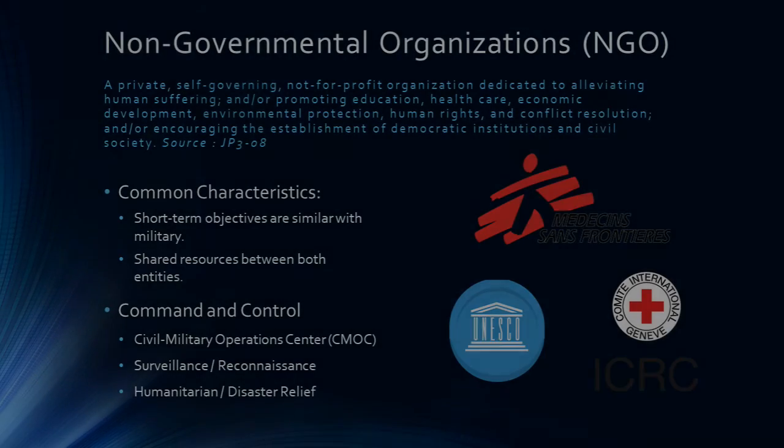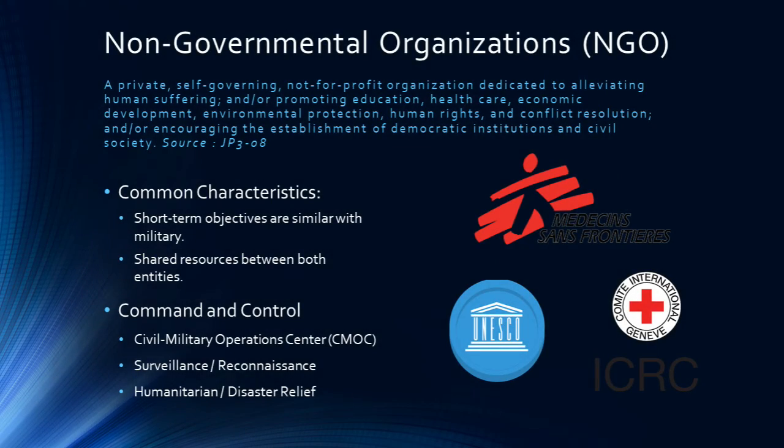Got it, Chad. As you can see, Joint Publication 3-08 defines non-governmental organizations as a private, not-for-profit organization that is dedicated to alleviating human suffering. NGOs are worldwide and can be found in the harshest environments. Oftentimes, commanders have a responsibility to coordinate, synchronize, and integrate actions with NGO representatives on the ground.